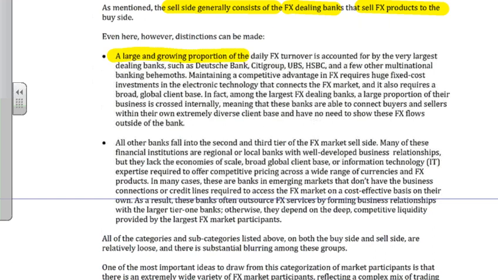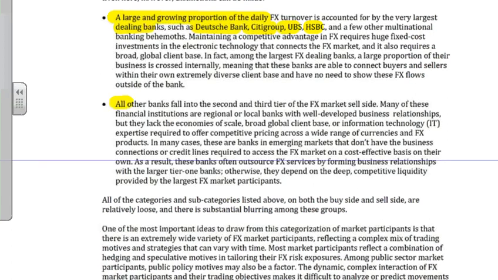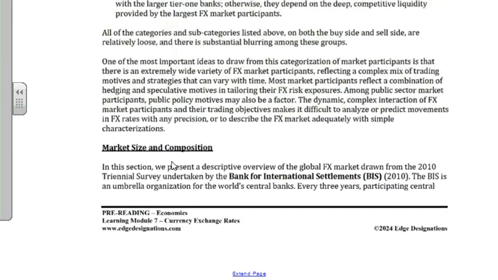A large and growing proportion of daily forex turnover is accounted for by the massive dealing banks, Deutsche Bank, Citigroup, UBS, and of course this will change as the market changes. And you've got a whole bunch of other banks that fall into what we call second and third tier on the foreign exchange market sell side, that also sell and deal in currencies, but perhaps are a bit smaller. And again, I'm not going to go too much into this because this will obviously change as the market changes.